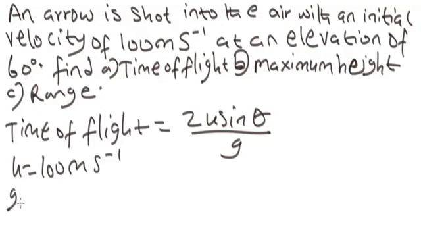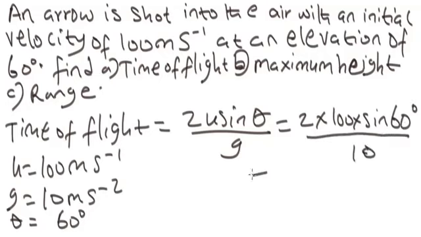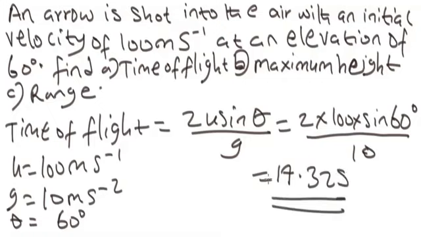Our g, acceleration due to gravity, is a constant, 10 meters per second square, and theta is 60 degrees. Substituting the values, we have 2 times 100 times sine 60 degrees over 10. Punching this into my calculator, I have 17.32 seconds in 2 decimal places. This will be the time of flight.